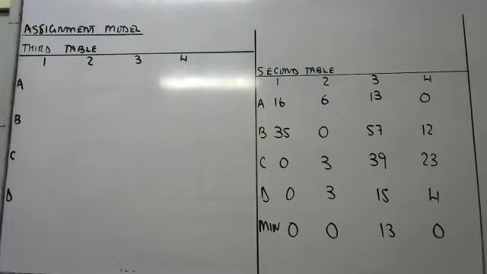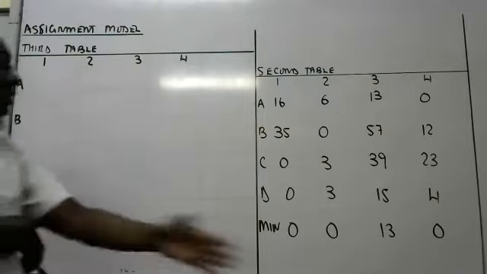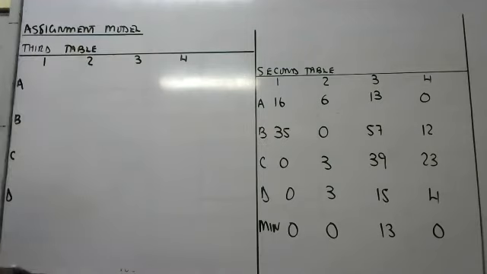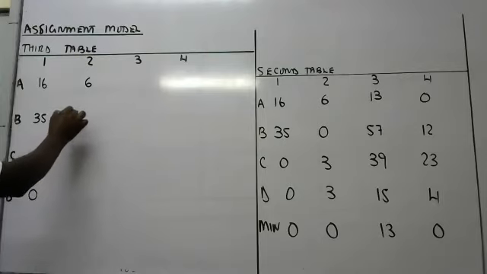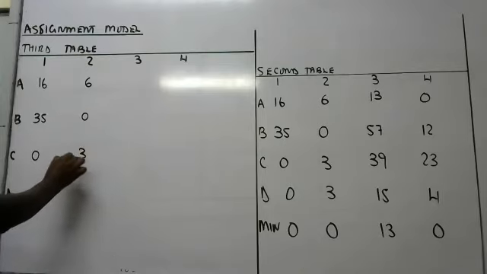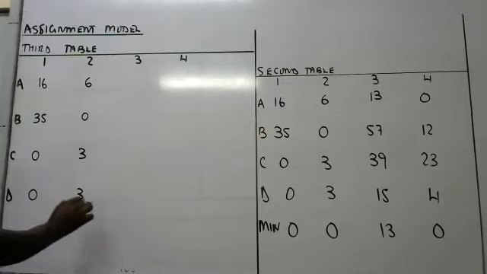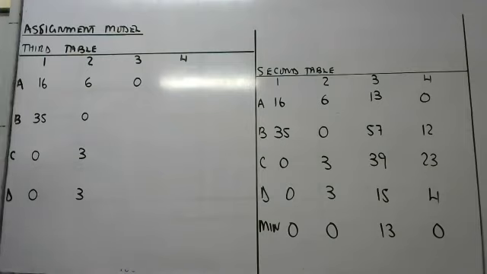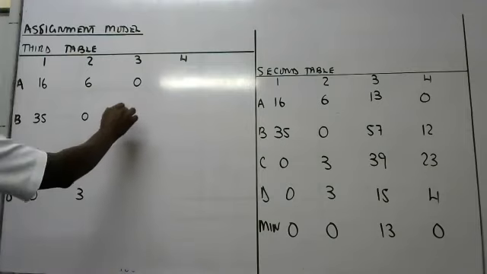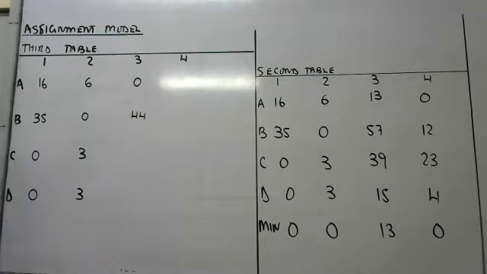It is created in the same way. You subtract the minimums. In the first column, this is 16, 35, 0, and 0. In the next one, it is 6, 0, 3, 3. 13 minus 13 is 0. 57 minus 13 is 44.